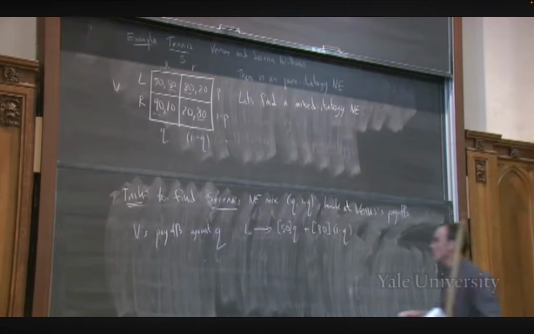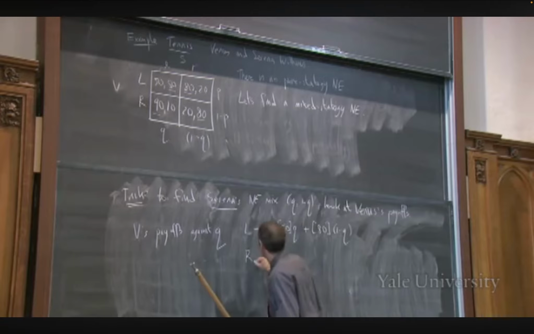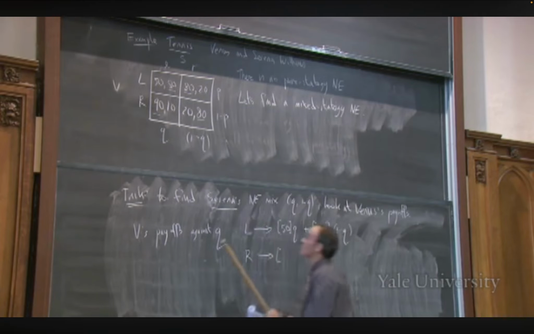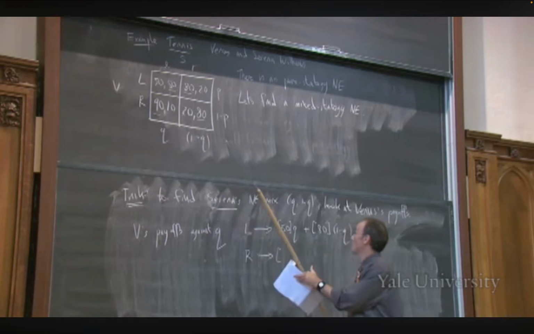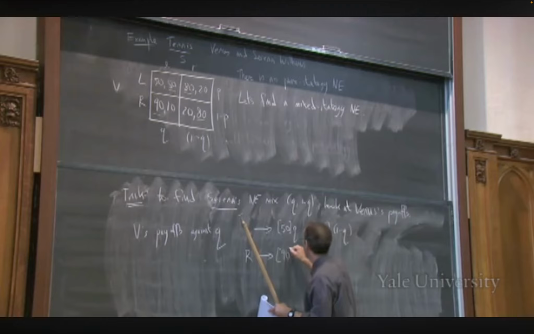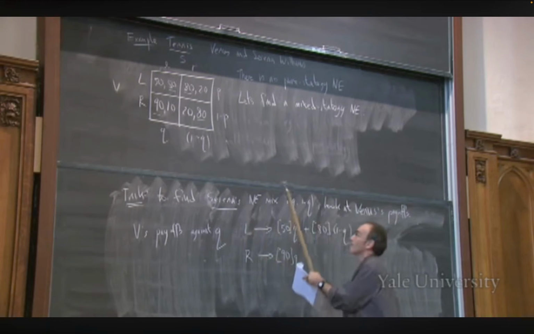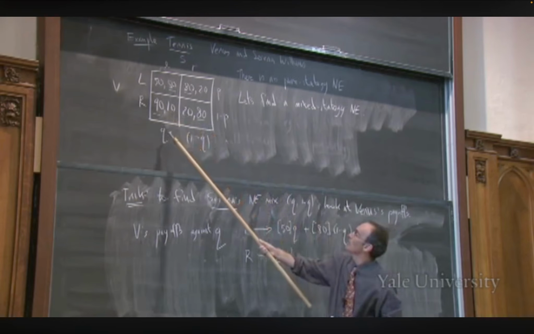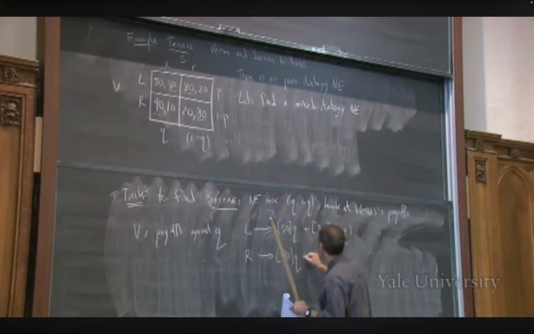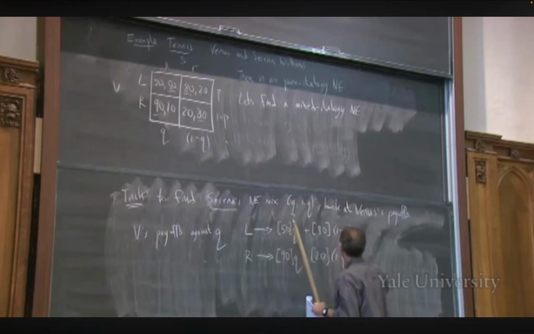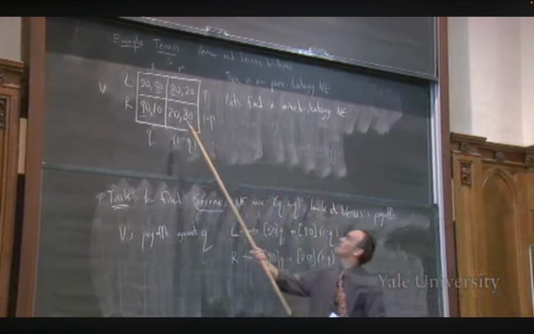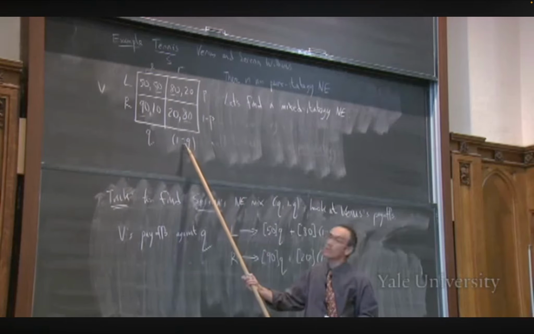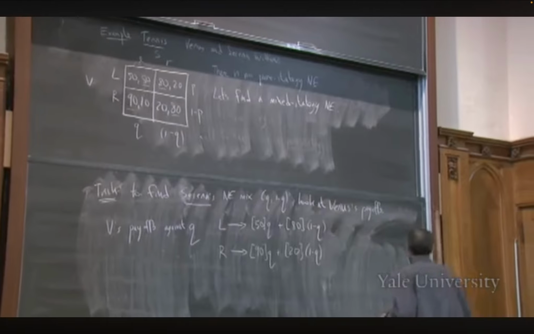If she chooses right, then she gets 90 with probability Q. All right, 90 with probability Q. And she gets 20 with probability 1 minus Q. Oh, I meant to point to that. 20 with probability 1 minus Q. All right?